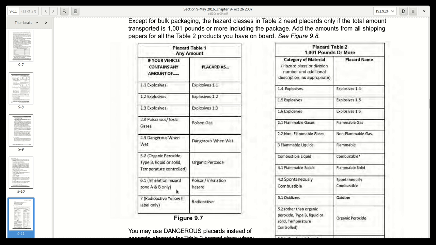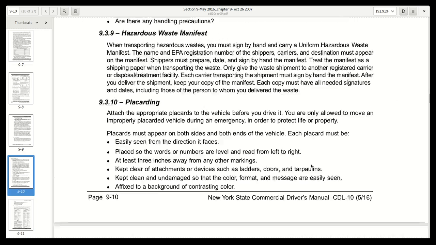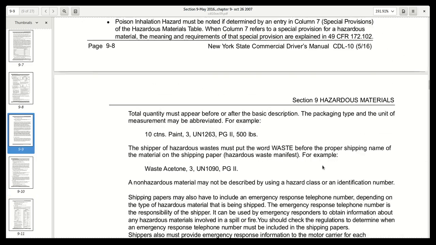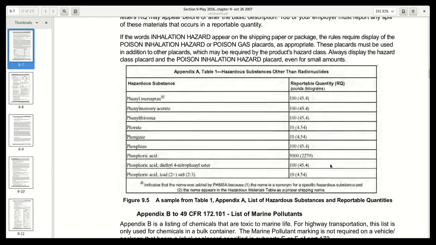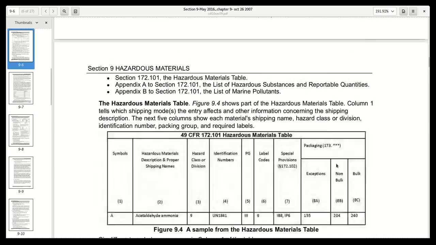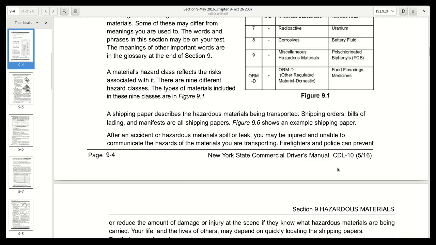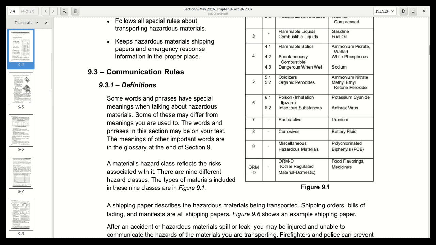6.1 inhalation hazard, zone A and B only, get placarded as poison inhalation hazard. Let's see, 6.1. Let's go back up here. Poison inhalation hazard.